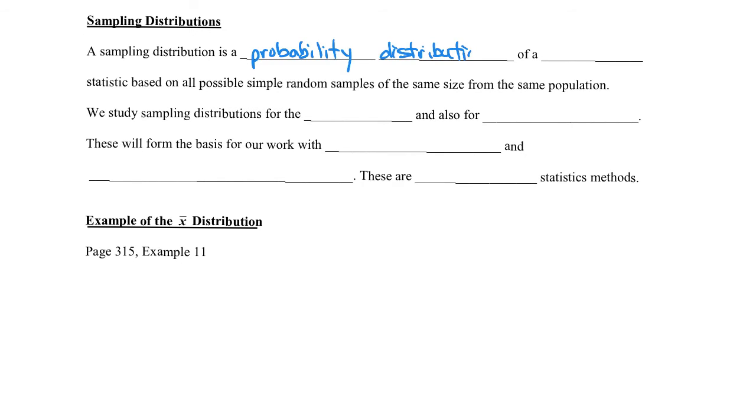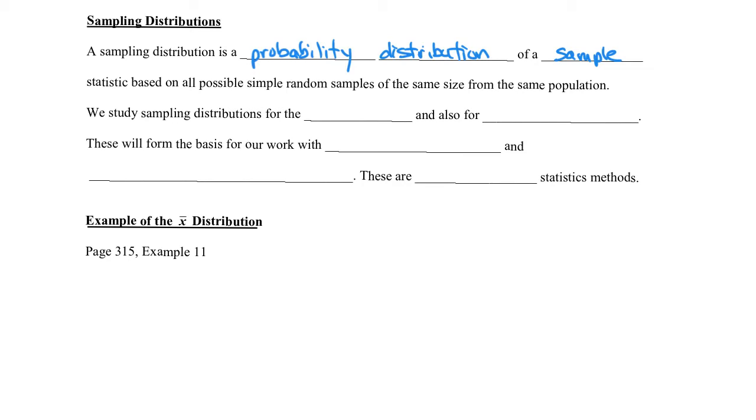So we already know what these are, right? We've worked with probability distributions. They just show how probabilities are distributed. But it's a probability distribution of a sample statistic based on all possible simple random samples of the same size from the same population.